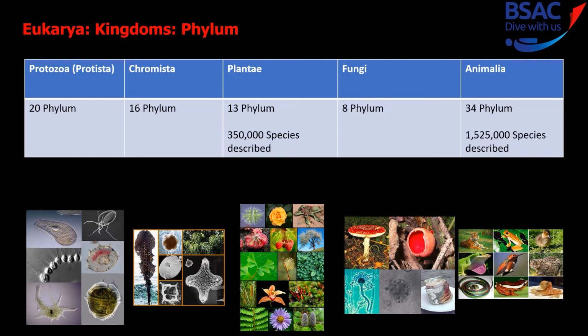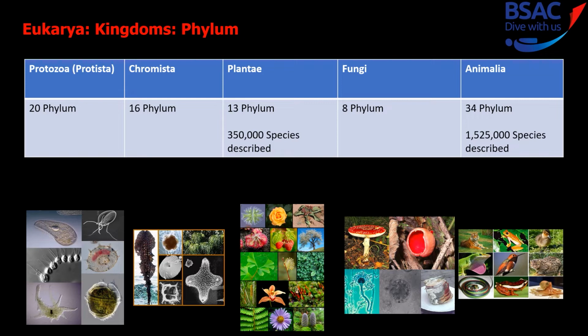We also have the plant kingdom. There are 13 phyla, and to note, there are only 350,000 species of plant that have been described in science. One may have logically imagined that there are far more plants than animals in existence, but it is in fact the other way around.